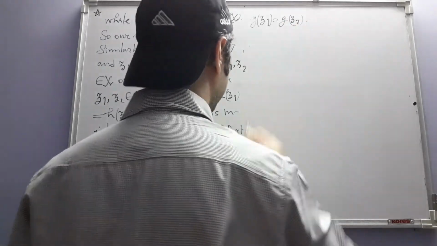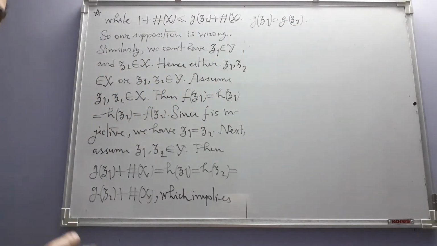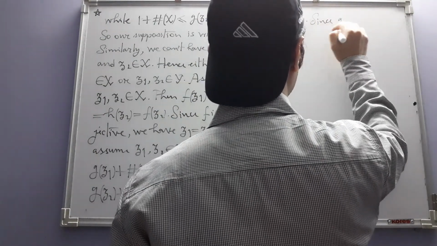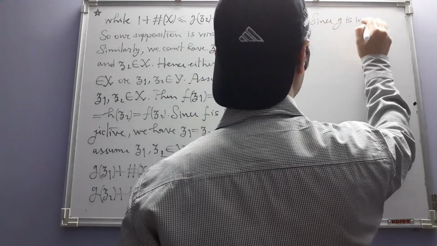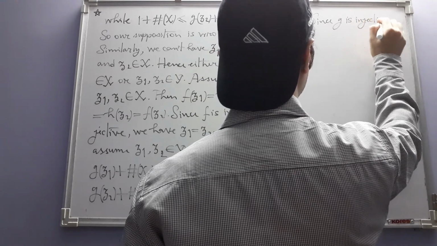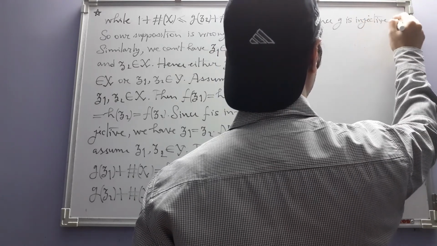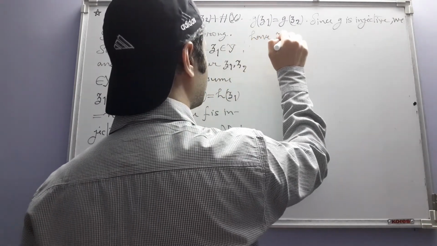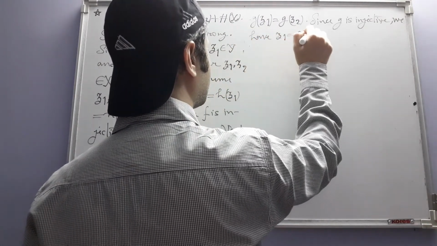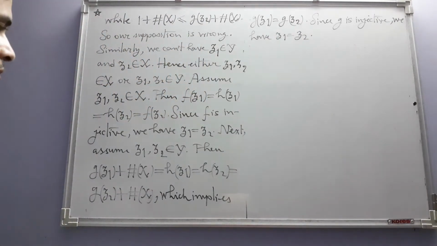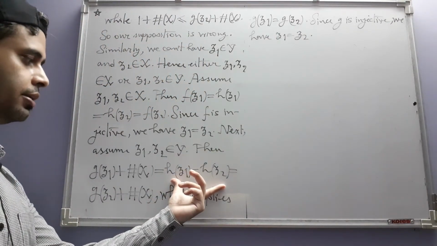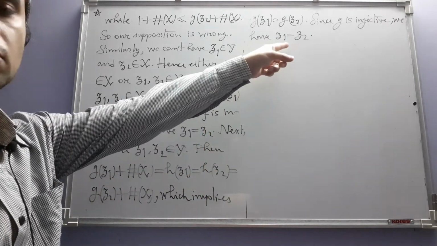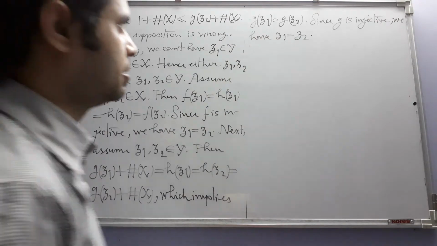Now, just like F, G is also a bijection, so it is injective. So in any case, this equality H of Z1 equal to H of Z2 has led us to this conclusion. So that means H is injective.